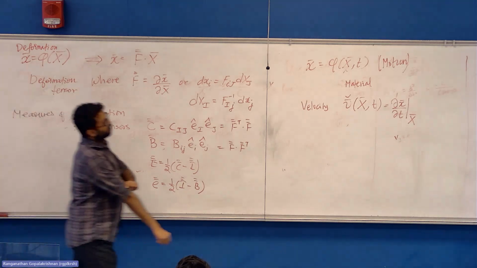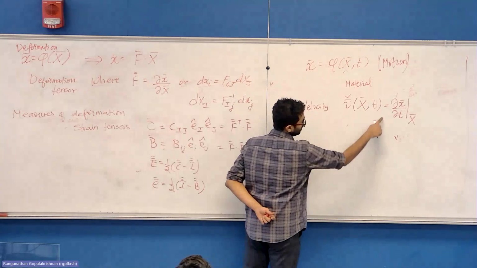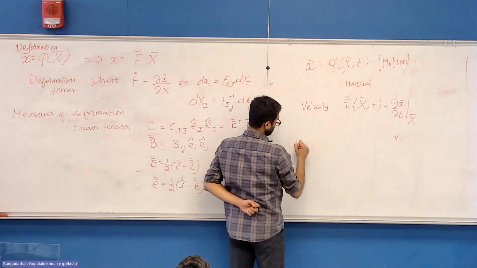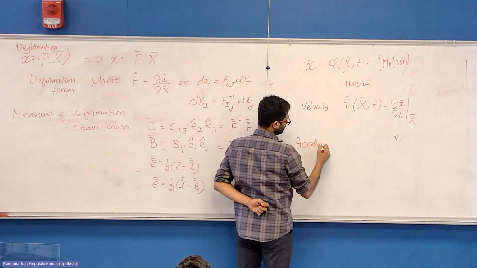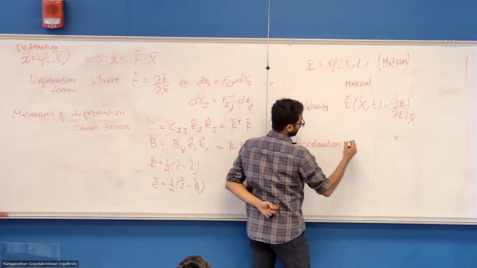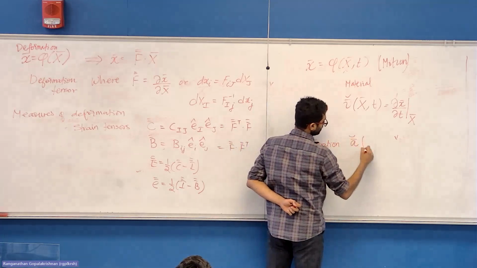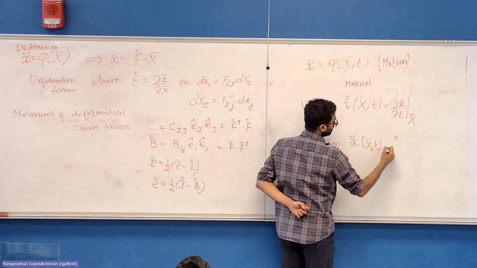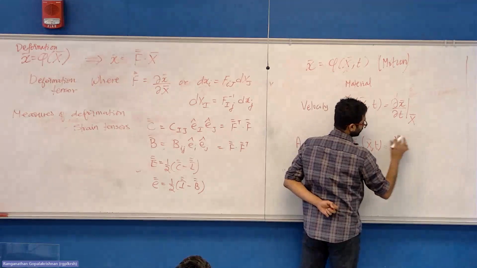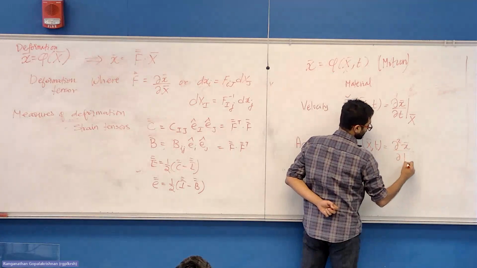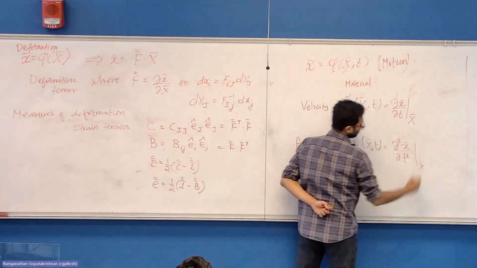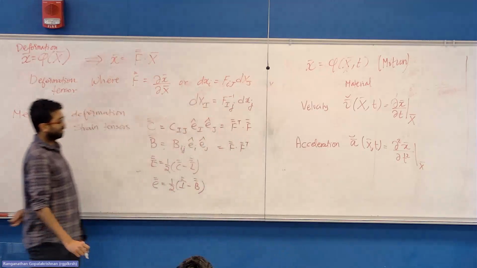So you have your material velocity as the derivative of position, and acceleration a tilde of X comma t is the second derivative of position with respect to time for a given material particle.